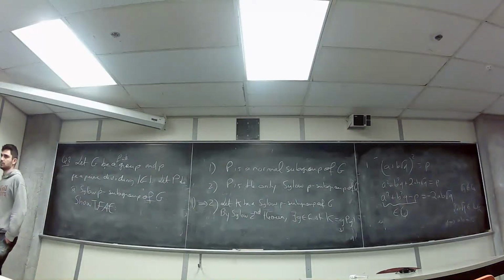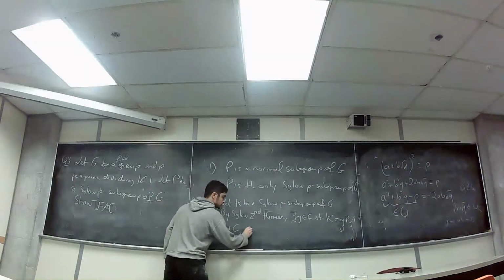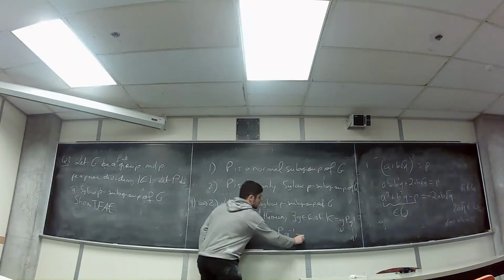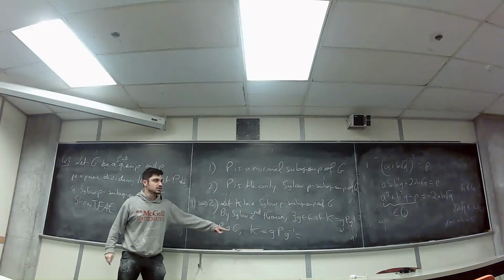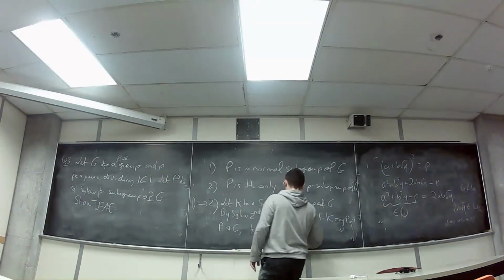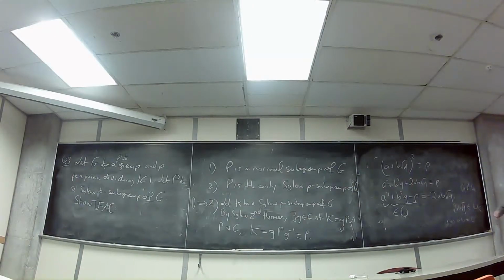Now, if P is normal in G, then K is equal to gPg inverse, which is equal to P. Hence, any Sylow P subgroup is equal to P. Okay, is that clear?